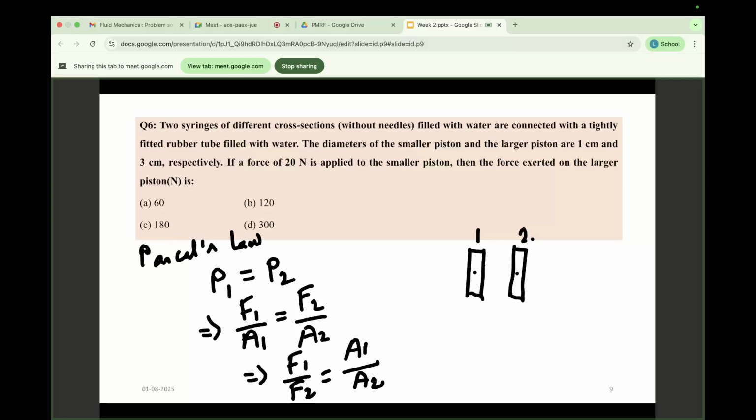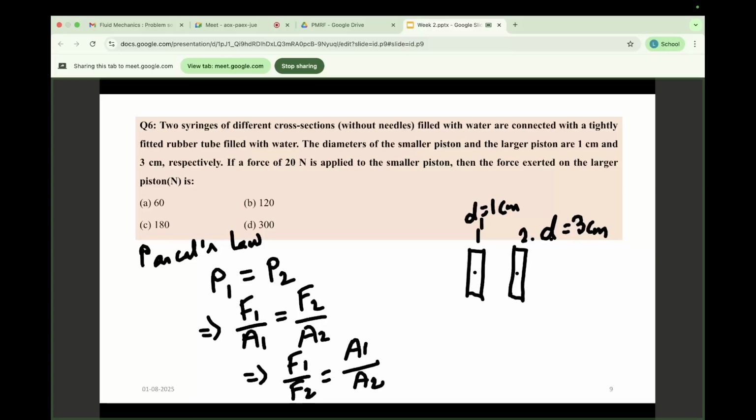And in this question, the diameters of the smaller piston and the larger piston are 1 and 3 centimeter. So say I consider this one as the smaller one, where the diameter D1 equals 1 centimeter, and here the diameter D2 equals 3 centimeter.